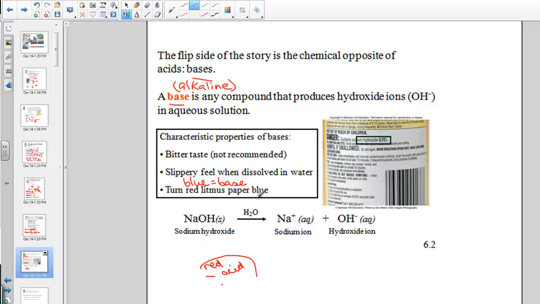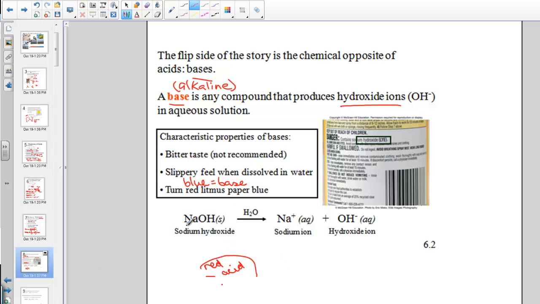So just kind of that litmus test, which is just a little piece of paper in the lab where you'll just dip it in the solution, see what color it turns to know if it's acidic or basic. So a compound that releases hydroxide ions, OH -1. Again, this is a polyatomic ion, isn't it? Two atoms bound together carrying a charge.